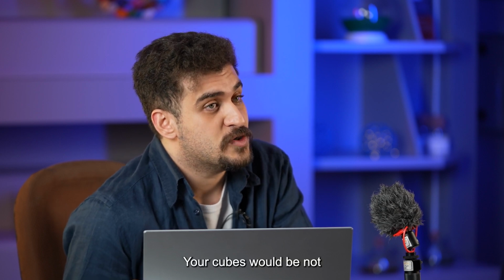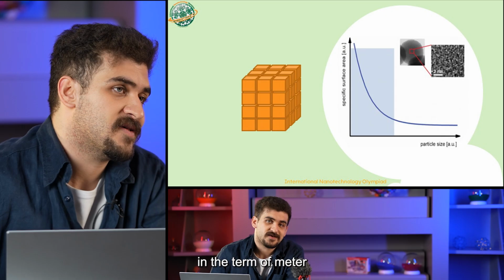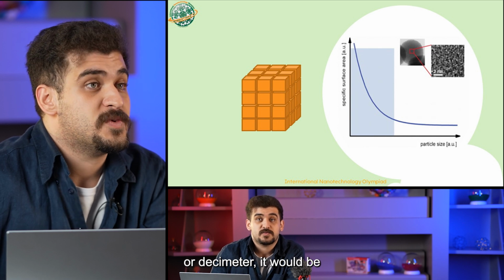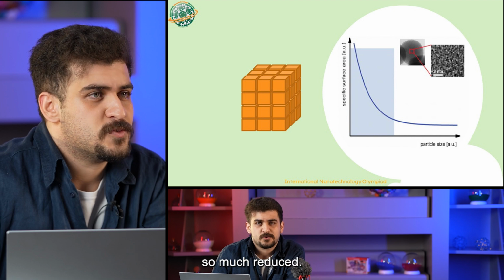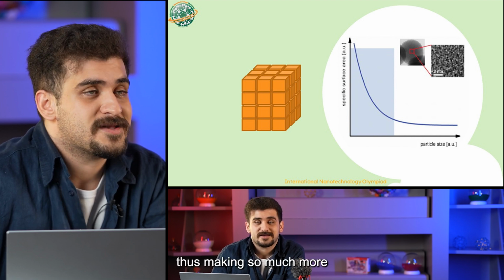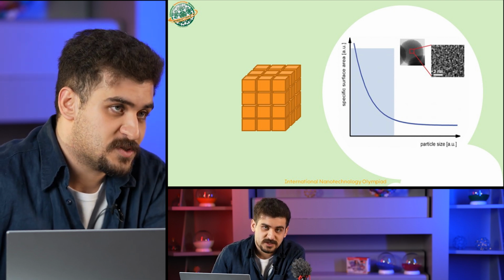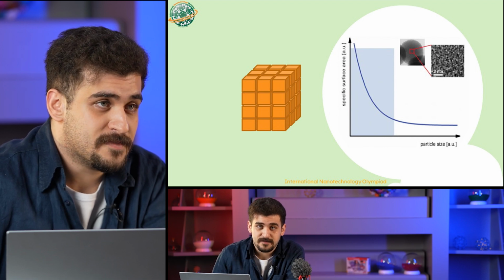Your cubes would not be in terms of meters or decimeters, they will be in nanometers. So the scale is now so much reduced, thus making so much more room for surface area.